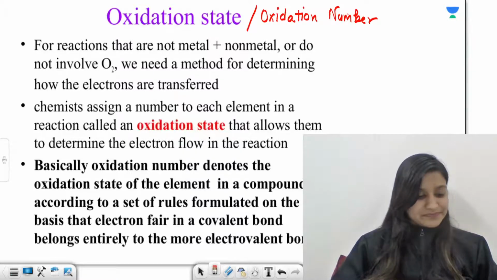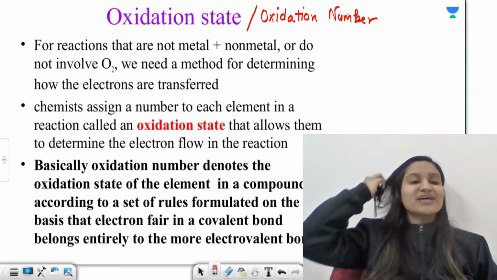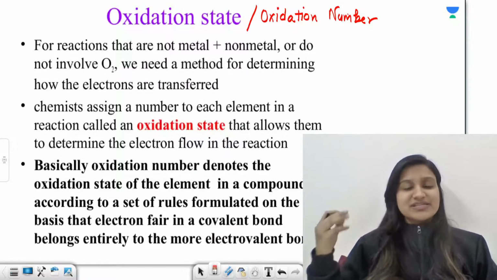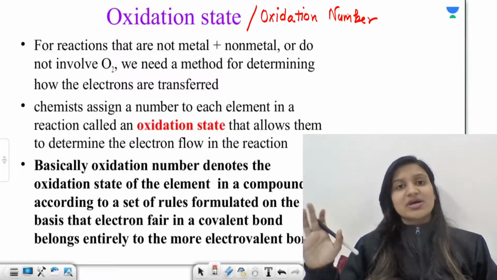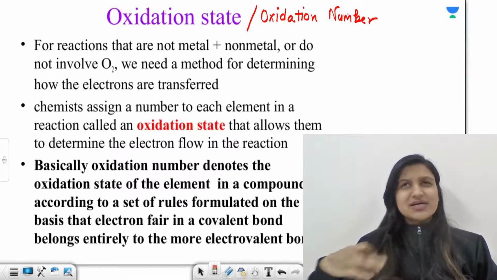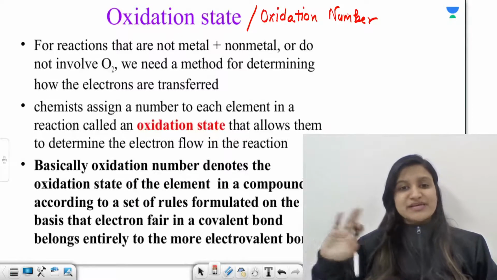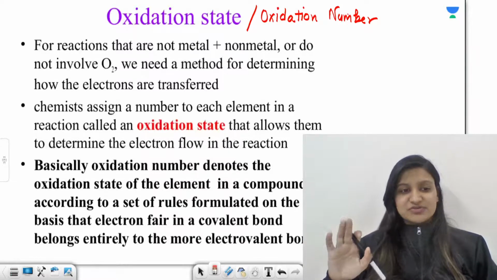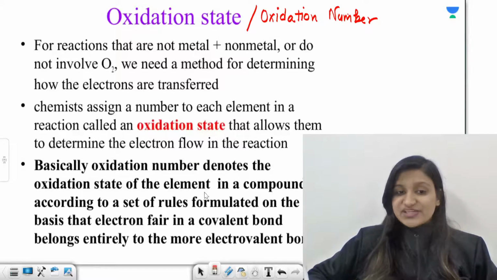All right. So oxidation number is simply an imaginary charge. It is not an actual charge, it is just an imaginary charge by which, for convenience, we get to know how many electrons have been transferred. Basically, oxidation number denotes the oxidation state of an element in a compound according to a set of rules.